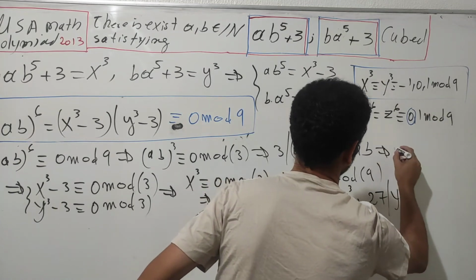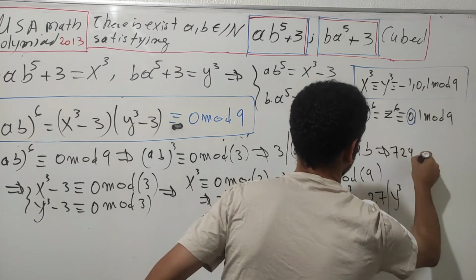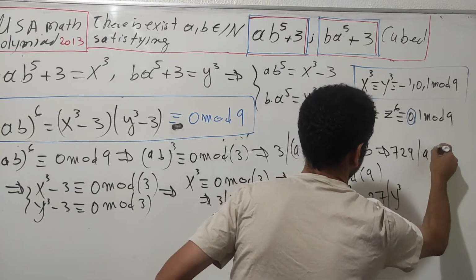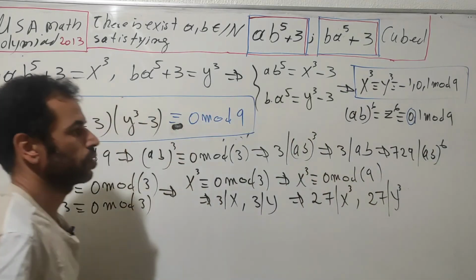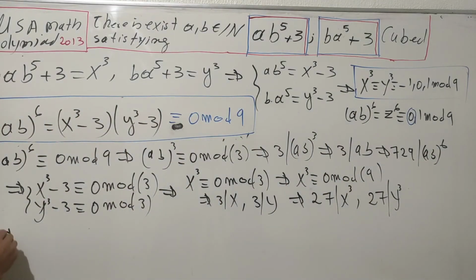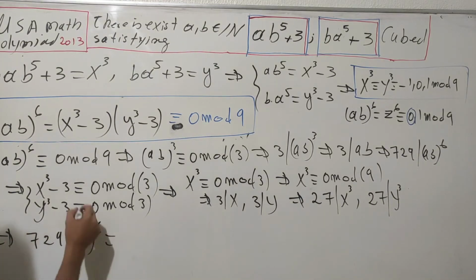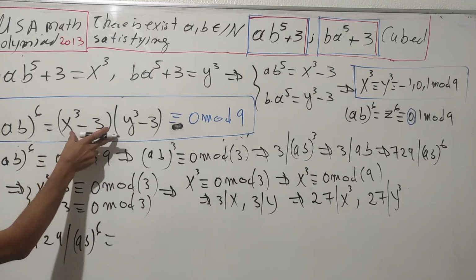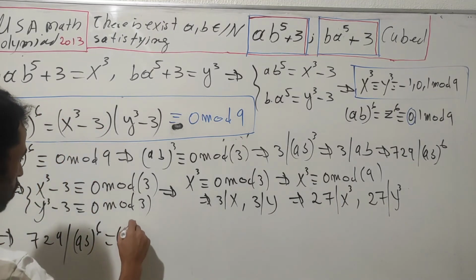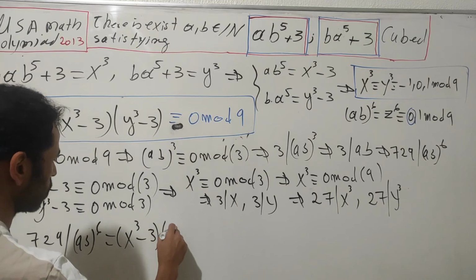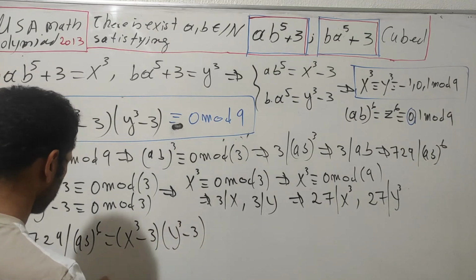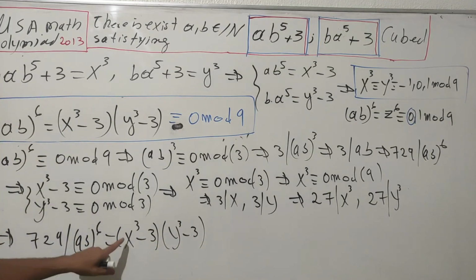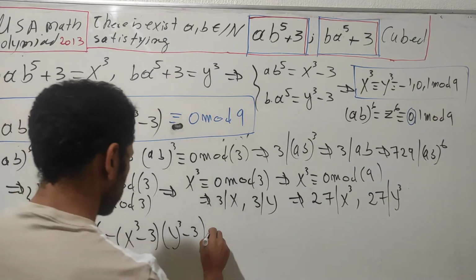In other words, 729 divides ab to the 6. Let's do that. So we get 729 divides ab to the 6. ab to the 6 is the same as this product, which is x cubed minus 3 times y cubed minus 3. So we know x is a multiple of 3, so we get 27 here.